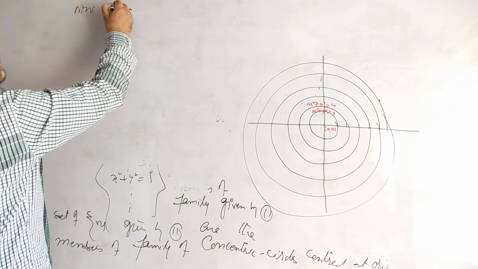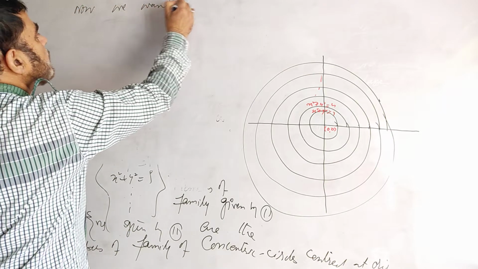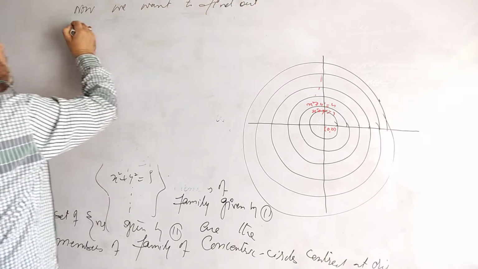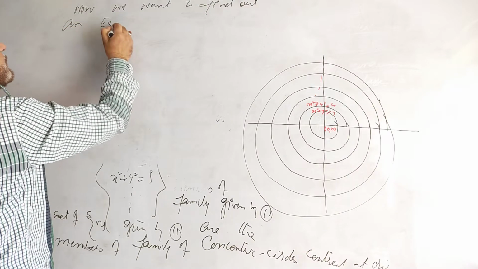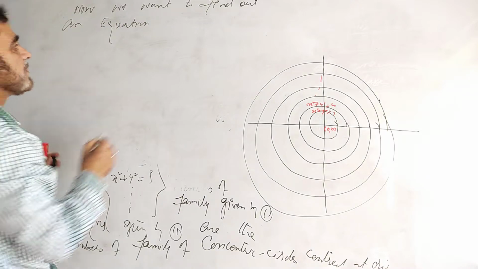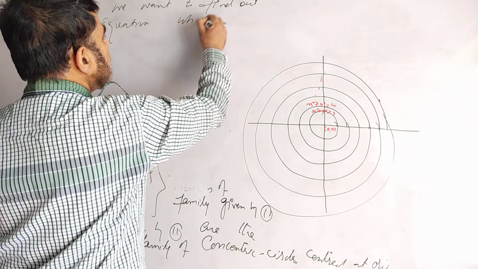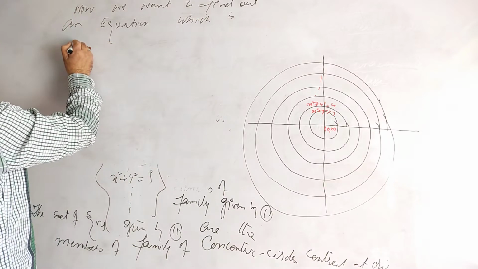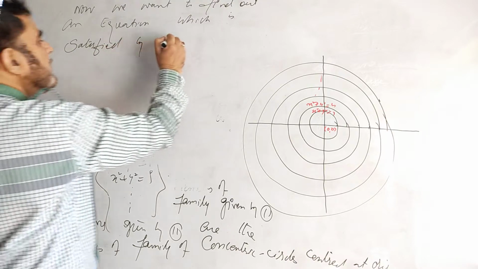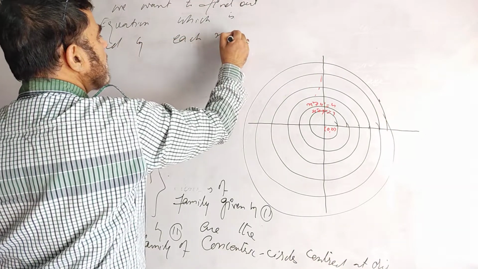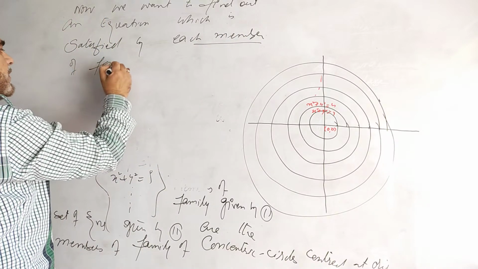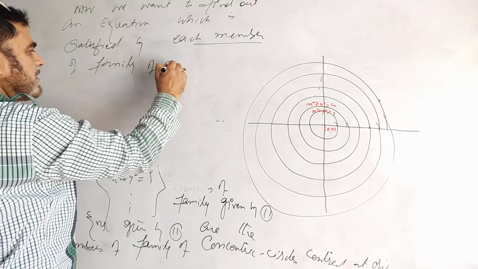Now we want to find an equation which is satisfied by each member of the family of circles.